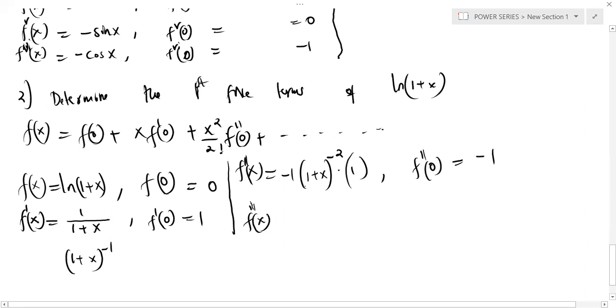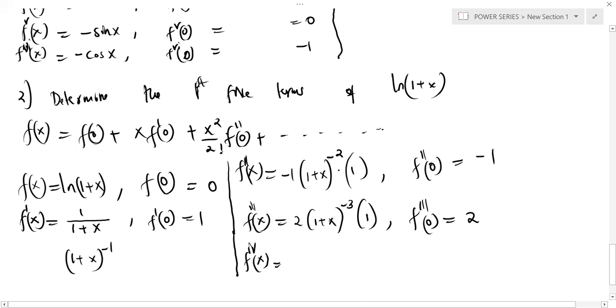F third prime of x. We need to differentiate this function. This will give us 2 into 1 plus x raised to the power of -3 multiplied by the derivative of what is inside, which is 1. So f third prime of 0, replacing 0 here, we will just remain with 2. F fourth prime of x, still using chain rule, this will be -6 into 1 plus x raised to the power -4 multiplied by 1.